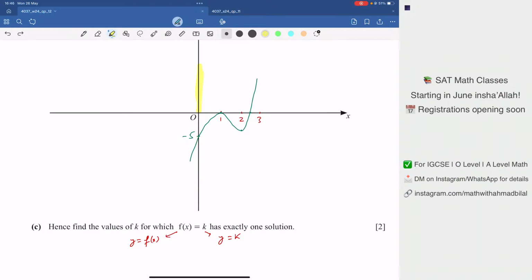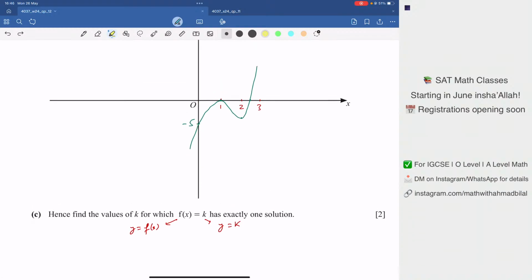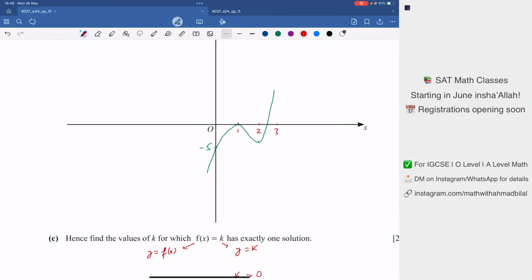Okay. So what are the possible values of k then? Above the x-axis, you would say k could either be greater than 0, right, in this region. The horizontal line could either be above the x-axis like this, or it should be greater than 0, or there's another possibility that you are below this turning point.